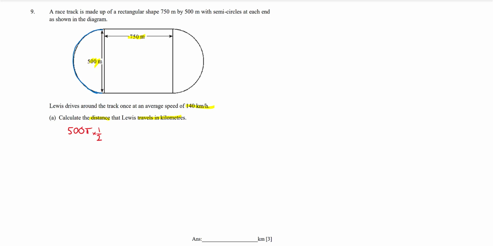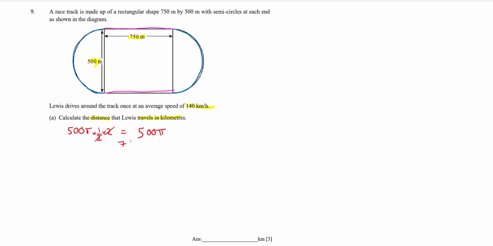we've actually got two of them. So we've got this one here, which is exactly the same, so we'd times that by 2, which cancels out, so we just get 500 pi. So that's the semicircles done, and then we just need to add on these parts here, the 750 meters, and that is also the same there.